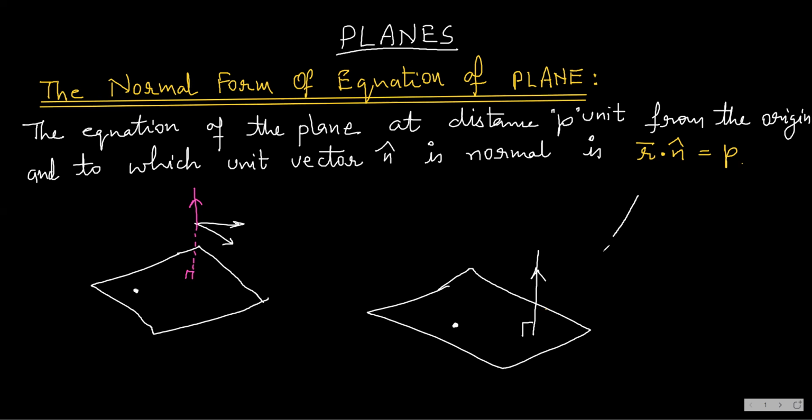Then finally we did equation of a plane when we have 3 points on the plane. With the help of these 3 points, we found two vectors.